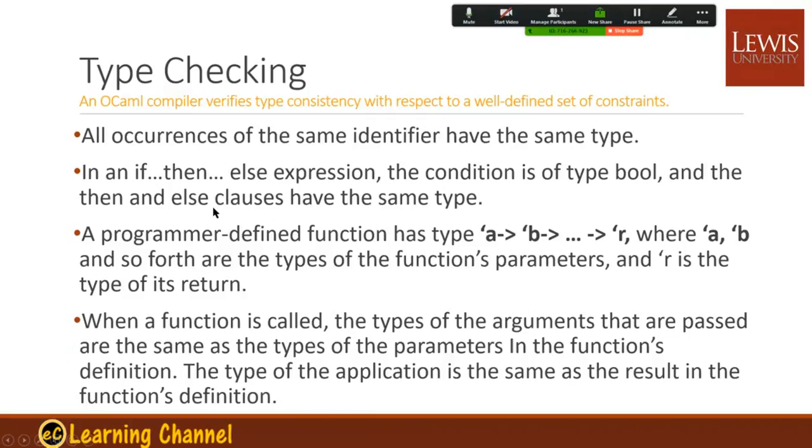The then and else clauses have the same type. A programmer-defined function has the following type. When a function is called, the types of the arguments passed are the same as the types of the parameters in the function's definition. The type of the application is the same as the result type in the function's definition.